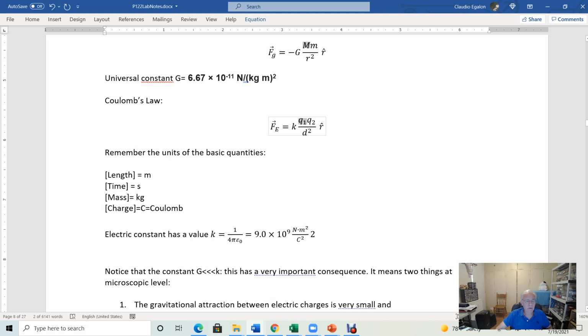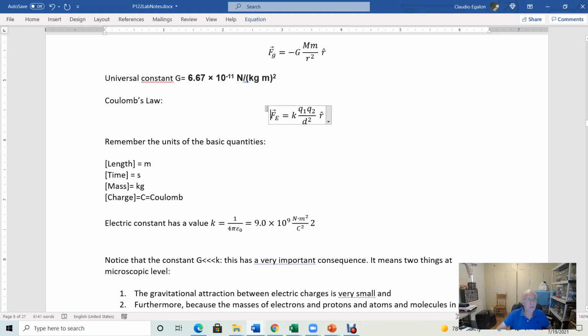The source of the electric force is the charge. We have a second electric charge here, and a second mass here. And we have a distance squared in both. Those are similarities, and there are also distinctions between those two laws.